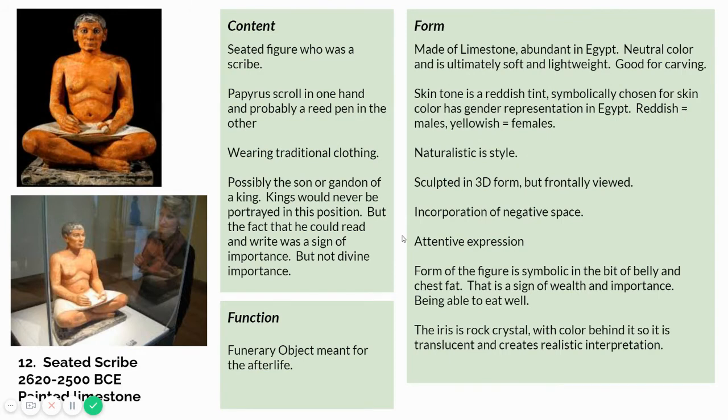So in terms of content, what do we have here? Well, we have a seated figure, a male, who we note that his duties, his job, he was a scribe. In his left hand he holds a papyrus scroll, and then in the other hand, possibly we believe a reed pen was located.